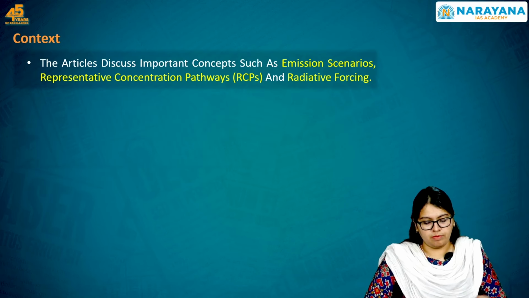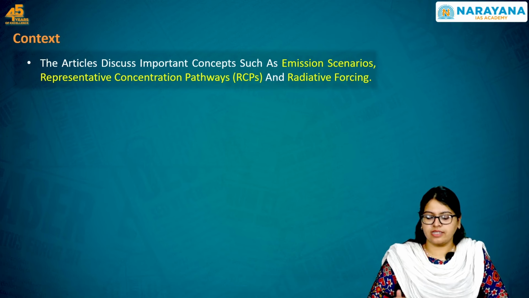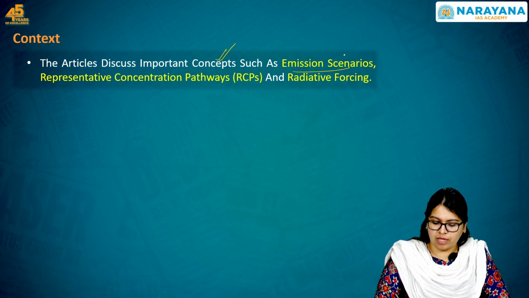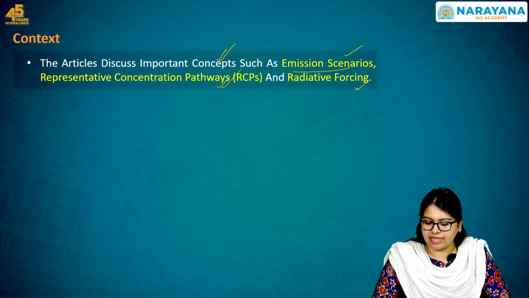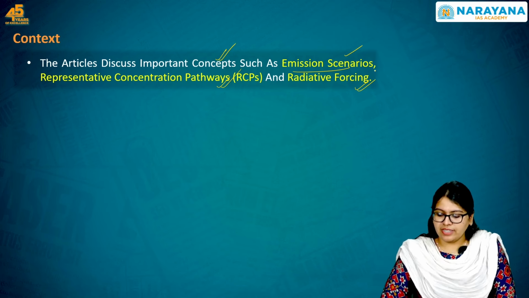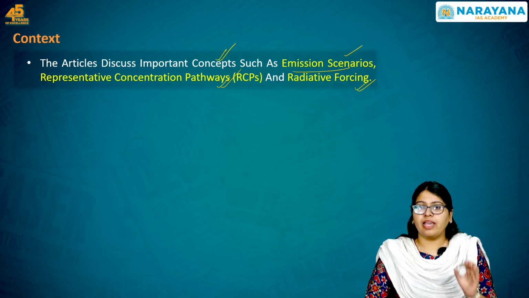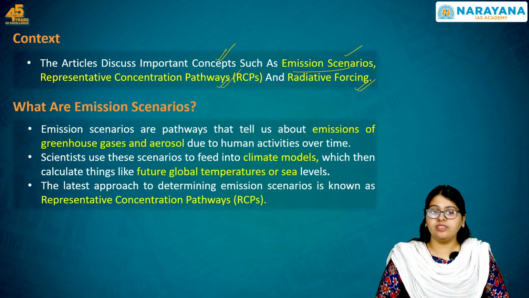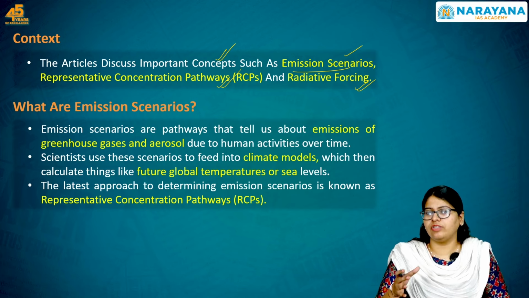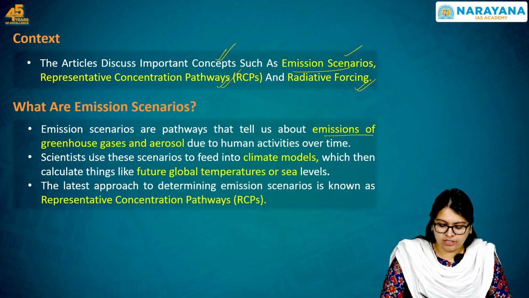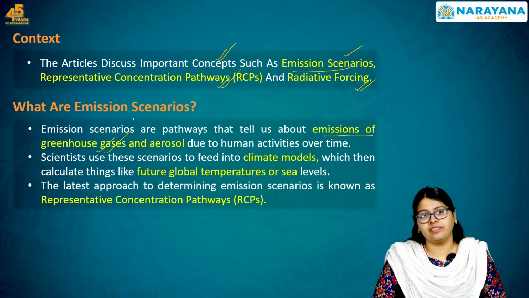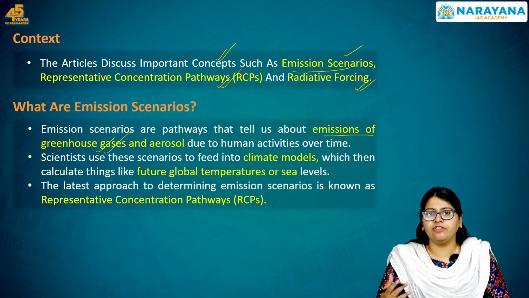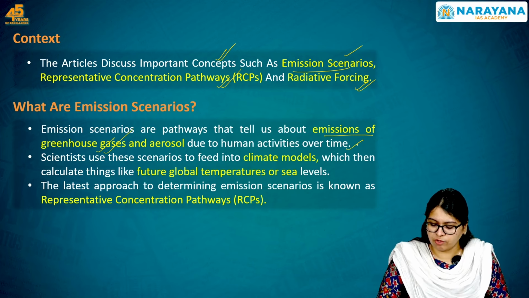Now let us understand what this particular article is talking about. The article discusses certain important concepts such as emission scenarios, representative concentration pathways, as well as radiative forcing. So first, let us understand the concept of emission scenario. As the name suggests, emission scenarios are pathways that tell us about the emissions of greenhouse gases as well as aerosols that are emitted due to anthropogenic activities over time.